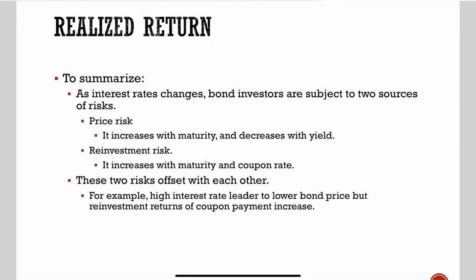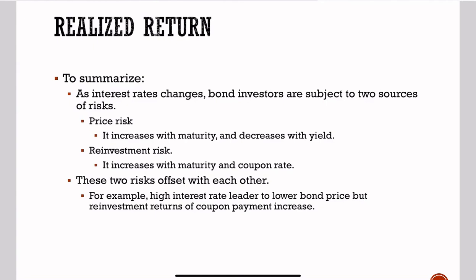If the bond has a longer maturity, then you will have a lot of coupon payments. Let's say if you have a semi-annual coupon payment with 30-year maturity, you will have 60 coupon payments. So of course, all of these 60 coupon payments will be subject to the reinvestment risks.